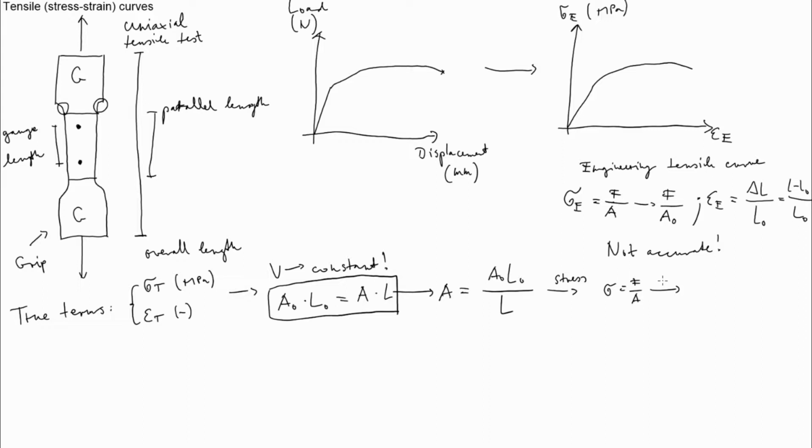And if we want to make it into true, then sigma T equals F over A0 L0 over L, and we can still continue this equation.